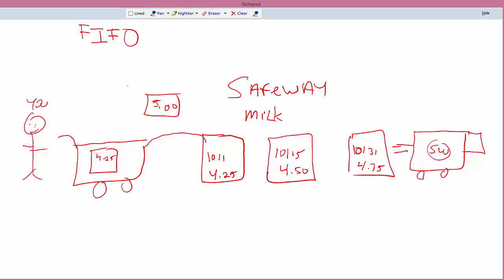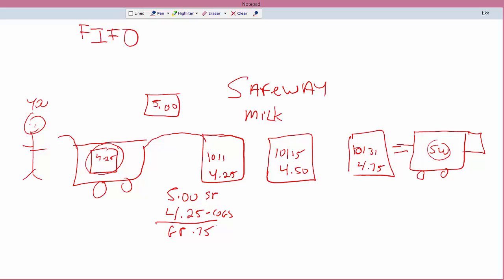Now, let me ask you a question. How much profit do we assume that Safeway made if they sell you these $4.25 ones? We assume that they made 75 cents, because they charged you $5 and it was a $4.25 cost. So their gross profit, sales price minus cost of goods sold, is going to be 75 cents, right?